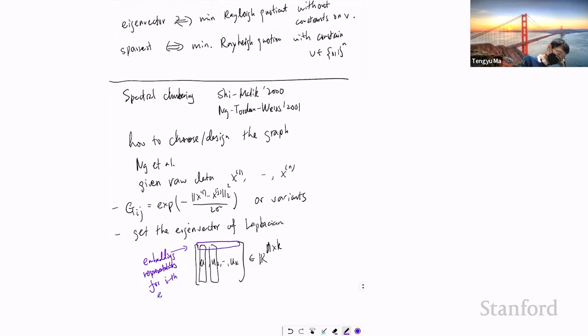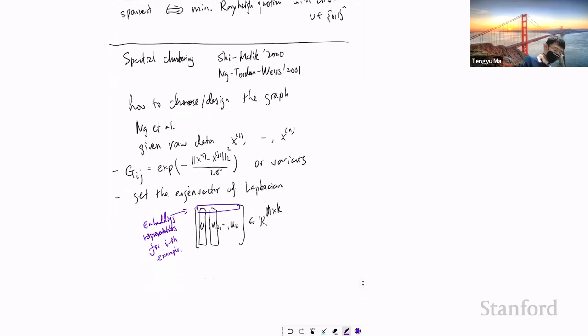So for the ith example, you can map it. For every example x_i, now it becomes represented as a row vector, let's call it v_i, which is in dimension K, corresponding to how many eigenvectors you take. And then you get these low-dimensional representations, maybe K is something like 2 or 3.